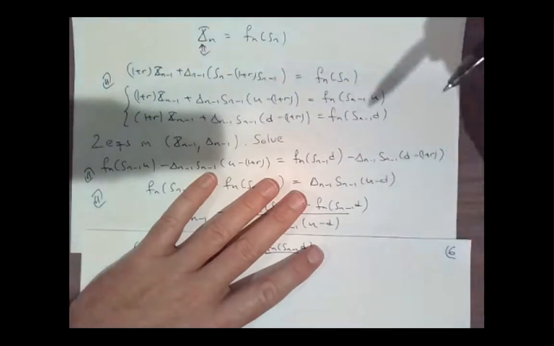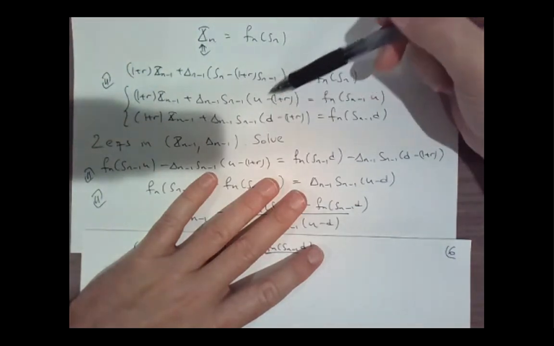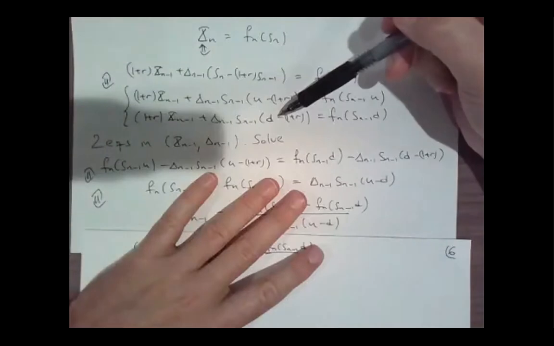What is x_0? F_0, S_0. Mm-hmm. But it's also given as a solution to these two equations. So it should match. And what happens if it doesn't match? Any wild guesses?